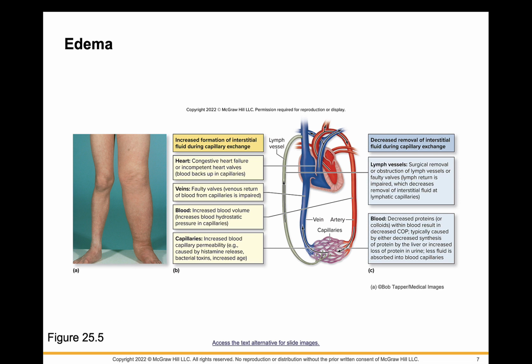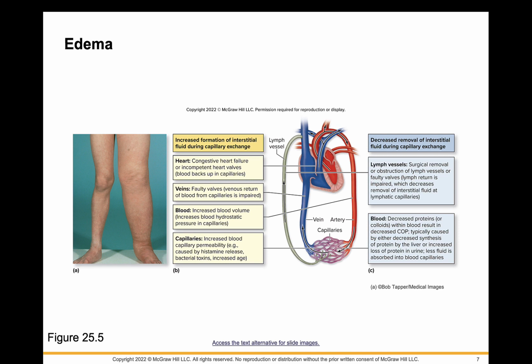Veins could have faulty valves, so venous return of blood from capillaries is going to be impaired. If we look at blood, there could be an increased blood volume. This is going to increase blood hydrostatic pressure within the capillaries. In our capillaries, there can be an increased blood capillary permeability. This could be due to the release of histamine, various bacterial toxins, and a result of the aging process.